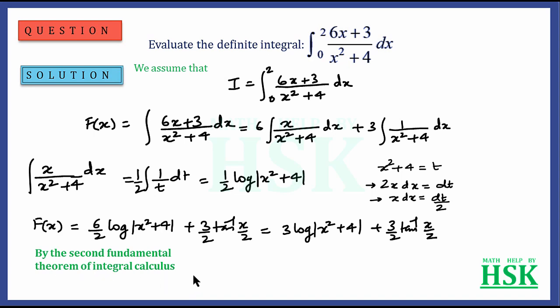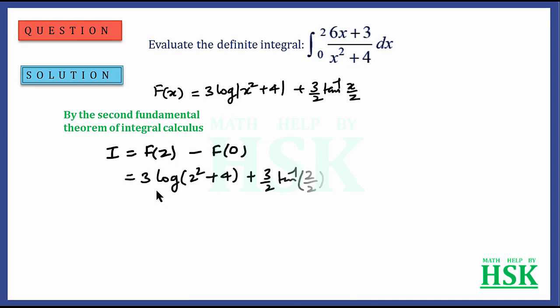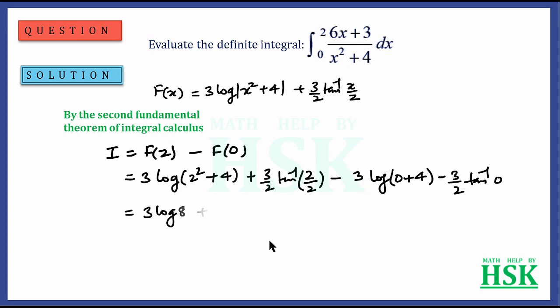So by the second fundamental theorem of integral calculus, the value of the given integral I would be equal to f of 2 minus f of 0. Placing the value of f of 2 as equal to 3 log of (2 square plus 4) plus 3 by 2 tan inverse of 2 upon 2, and f of 0 as equal to, here I have multiplied with the minus sign also, so this will be equal to minus 3 log of (0 plus 4) minus 3 by 2 tan inverse of 0.